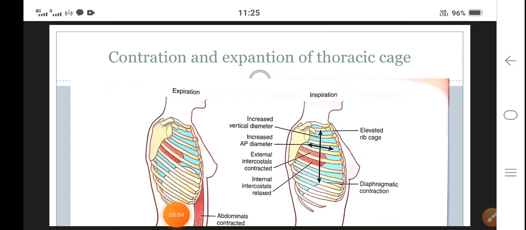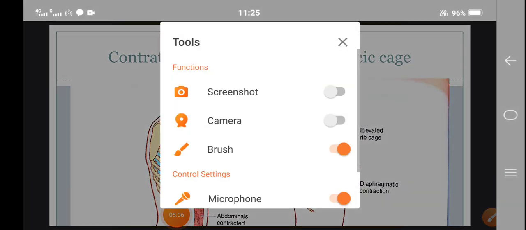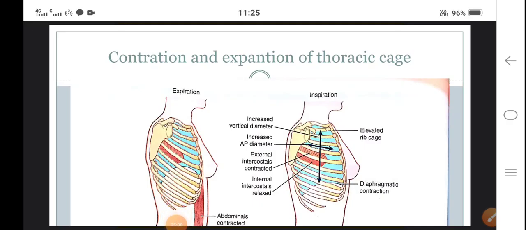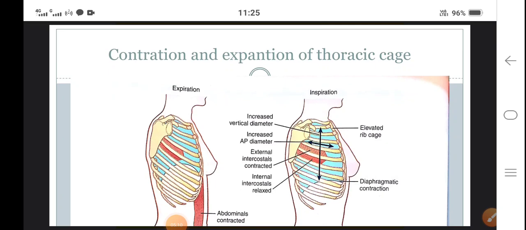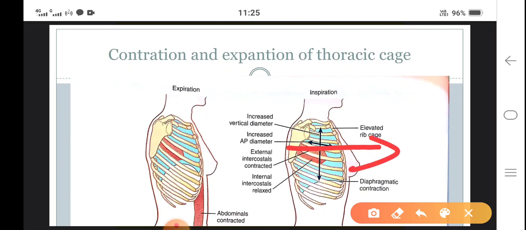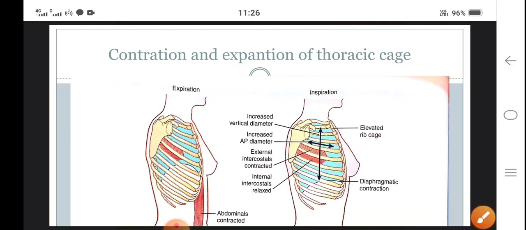This axis shows the increased anteroposterior diameter of the thoracic cavity due to the elevation of the rib cage. External intercostals contract and internal intercostals relax.